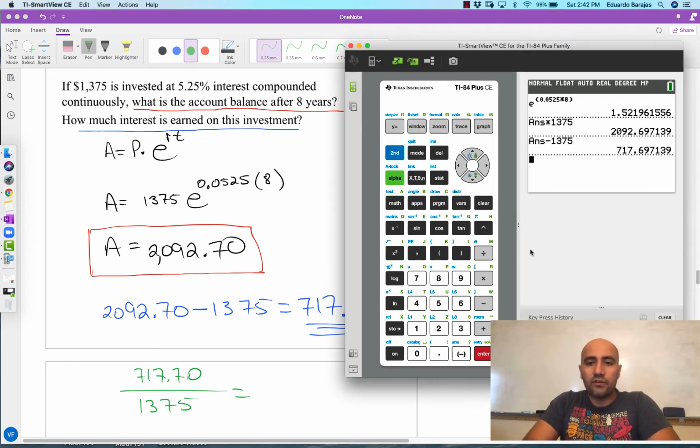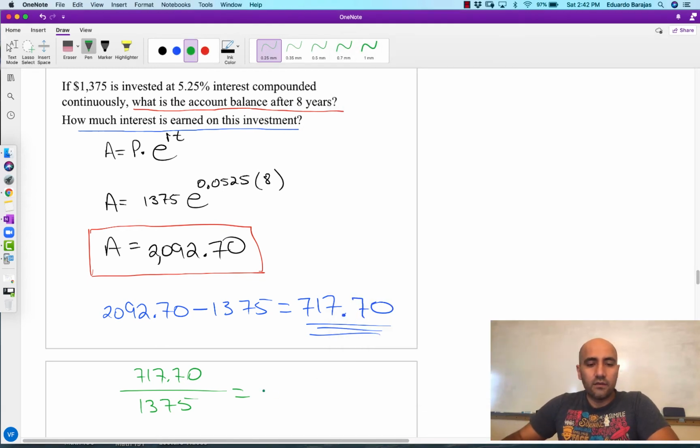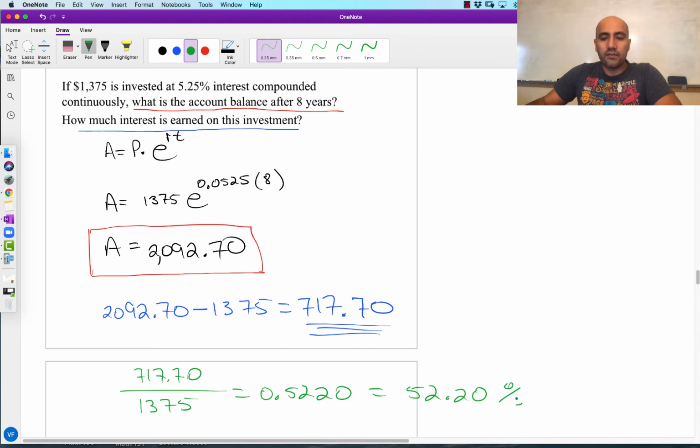so that number divided by 1375 gets you to, let's say, 0.5220, which as a percentage turns into 52.20%.